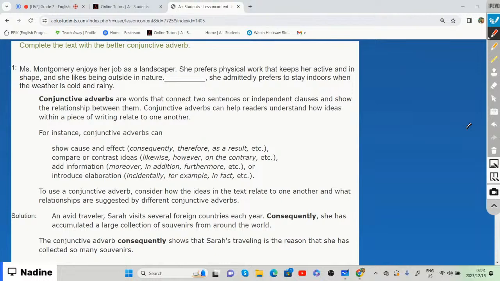And if you want to introduce or elaborate, then you can use words like incidentally, for example, in fact.